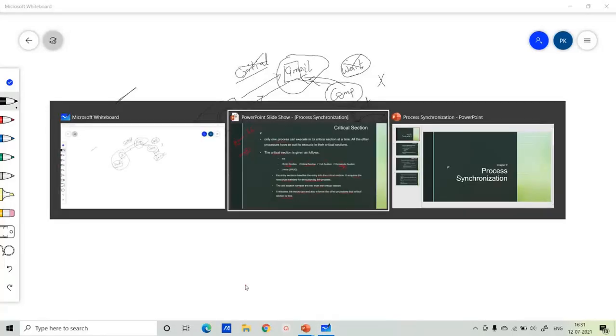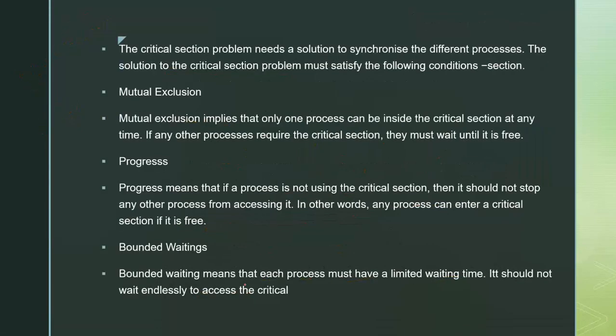Now we'll come to the next part. The critical section problem needs a solution, that is to synchronize the different processes. When one process is under execution, the other process should wait. To implement this, we'll be using three concepts called mutual exclusion, progress, and bounded wait.